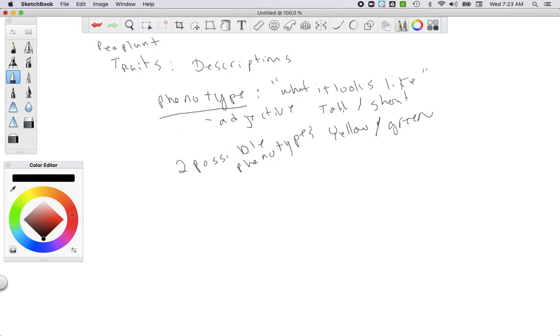They were either tall plants or short plants. There were no in between. They were either yellow peas or green peas. They were either flowers on the end of the vine or flowers along the side of the vine. There was no in between. There were 2 possible phenotypes for each of these pea plant traits.